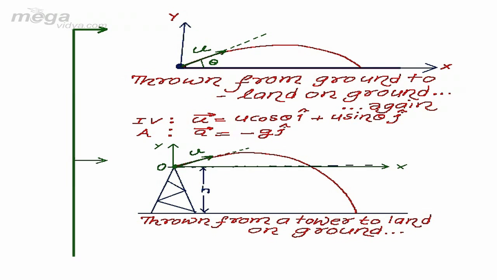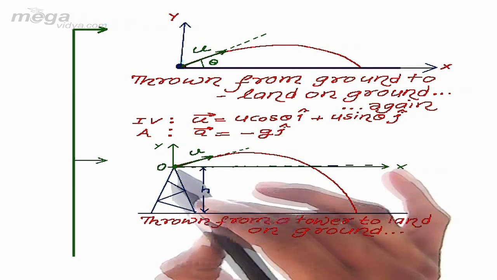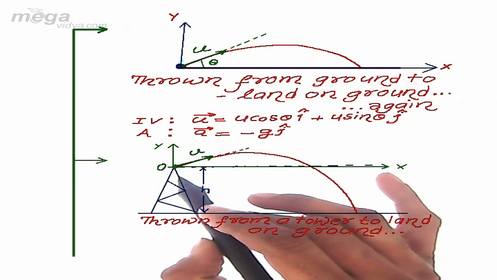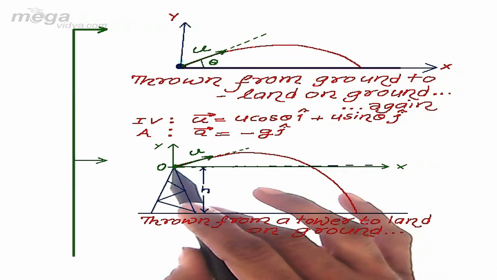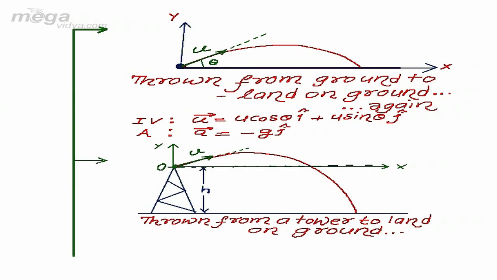If we throw the projectile from the topmost point of this tower, which is at height h, then the projectile will follow a path as shown here. Here, the landing of the projectile occurs at ground. In this reference frame, I have taken horizontal to be along the x-axis and the y-axis in the vertical direction.